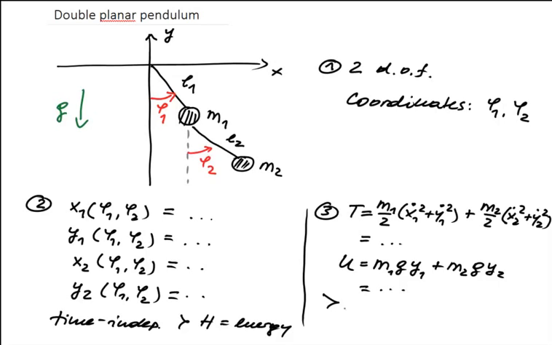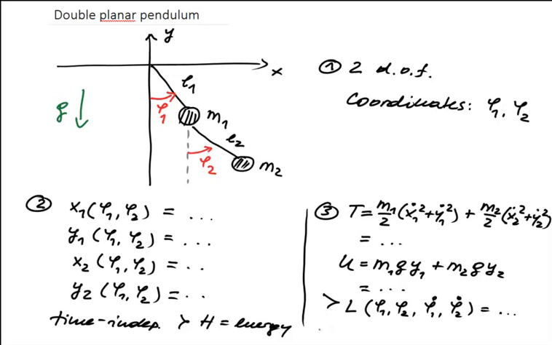And this gives you then the Lagrange function as a function of phi 1, phi 2, phi 1 dot, phi 2 dot. And you shouldn't despair. This is a little bit tedious, but it's straightforward.